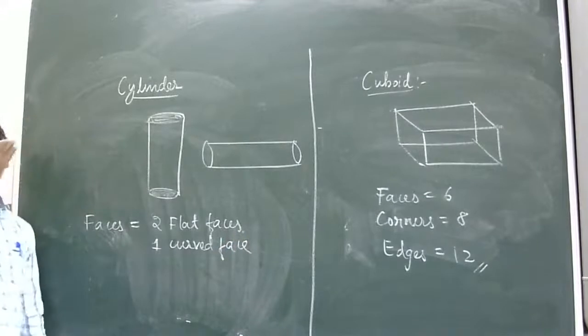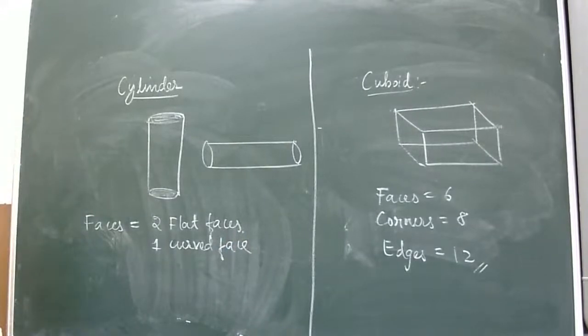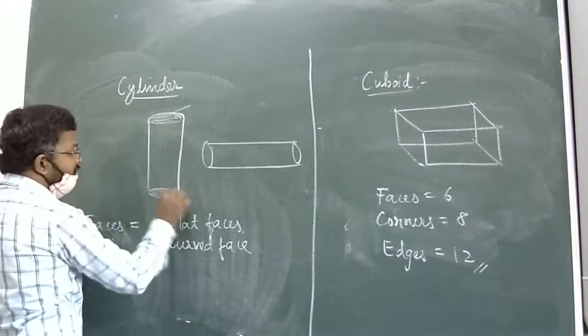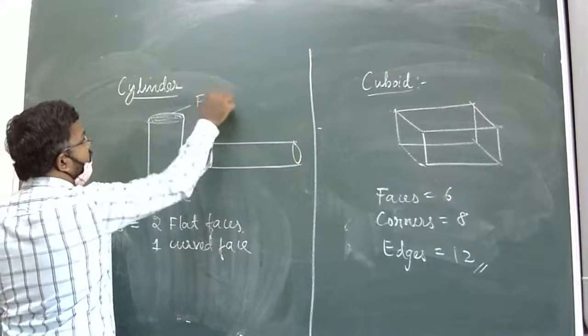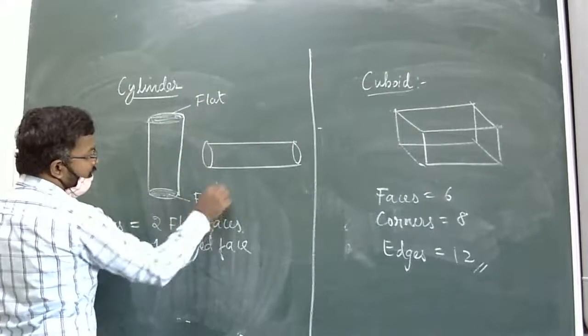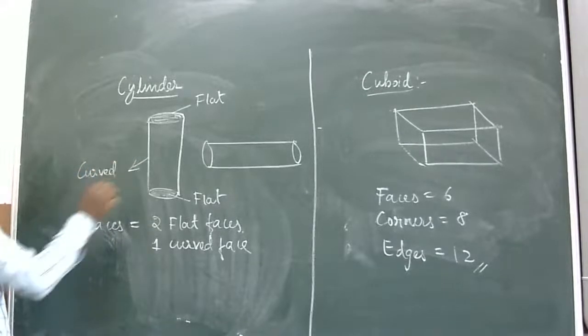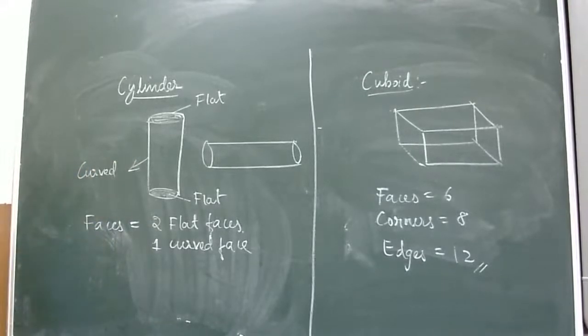So two flat faces are there, top and bottom, and on the sides we are having a curved face. If you want, you can write here. This is your flat face, and this is your flat face, and here we are having a curved face. So now, how many edges are we having?